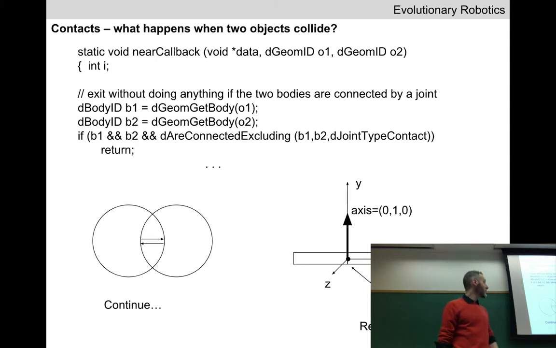First thing we're going to do is determine whether we need to do anything about it. In the code at the moment, it's set up so that if the objects are connected by a joint, it doesn't matter. We just ignore that situation. Objects that are connected by a joint often are already interpenetrating one another, like your red and white object, so we can ignore that.